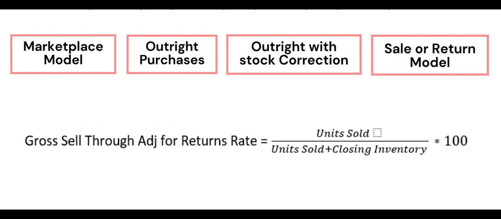This metric is highly reliable given that it accommodates frequent inventory changes. It also percolates well with the 4 business models that we just spoke about. In the Indian e-commerce context, where discounts are a norm, gross sell-through adjusted for returns is a much better metric than standard sell-through.